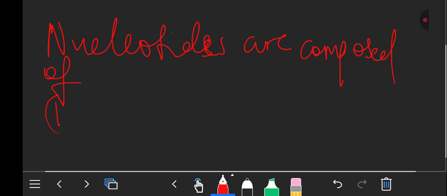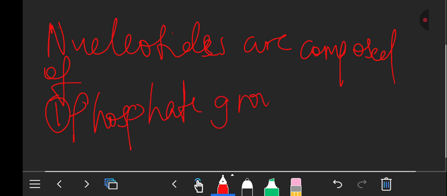The first one is the phosphate group. The second one is the pentose sugar.